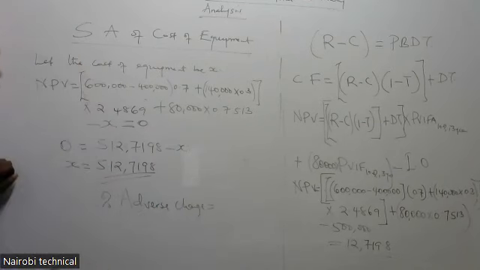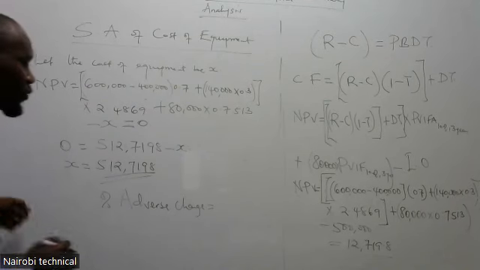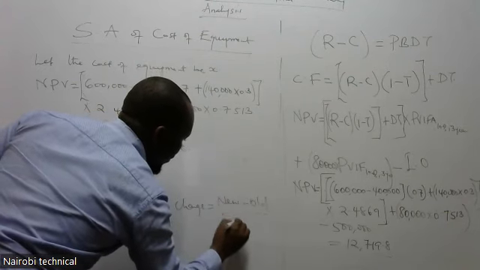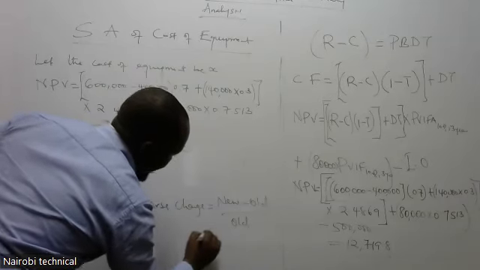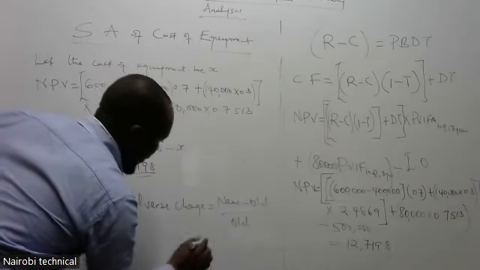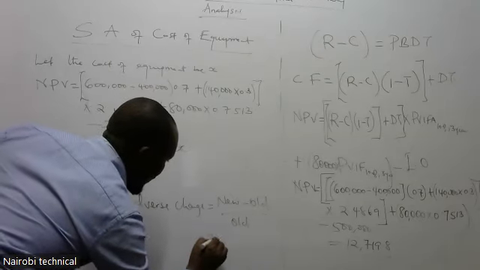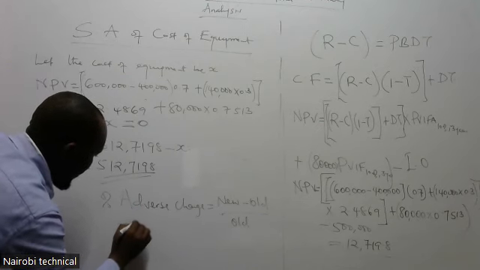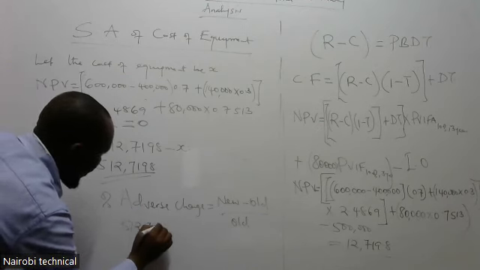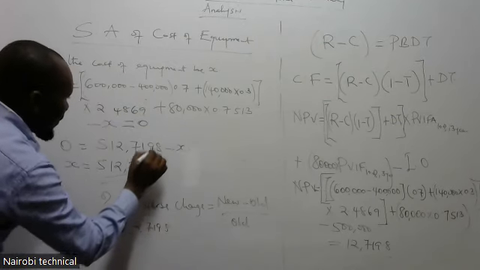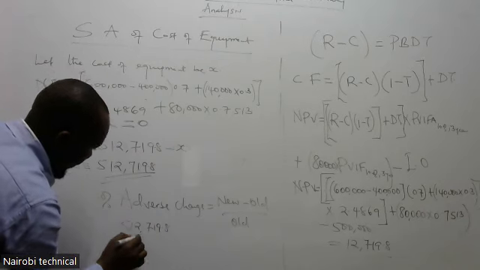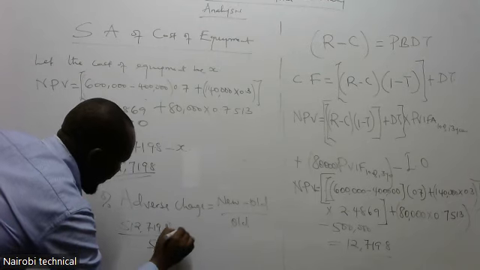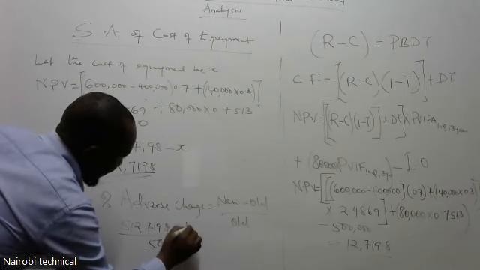The percentage of adverse change is equal to new minus old, all over old, which is the same as 512.7198 minus 500,000, all over 500,000.